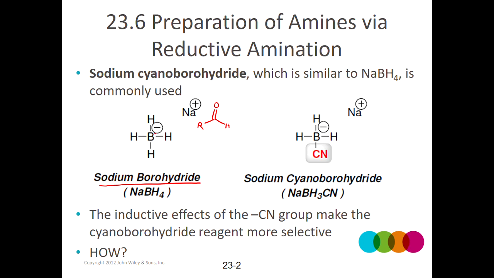The negative on the boron is not nearly as unstable as a negative on an aluminum, as we would have in LAH, but it's still a little unstable. It's a small atom to carry such a charge imbalance. So it will deliver a hydride to a ketone or aldehyde in the same way that lithium aluminum hydride would.